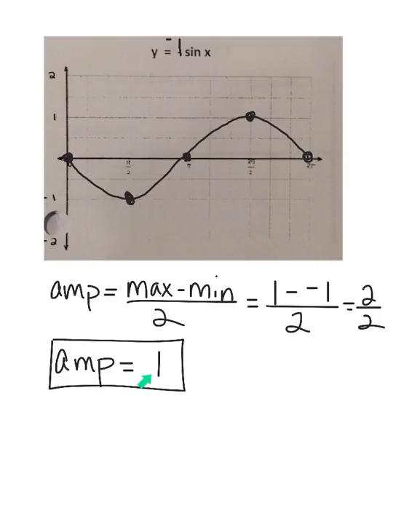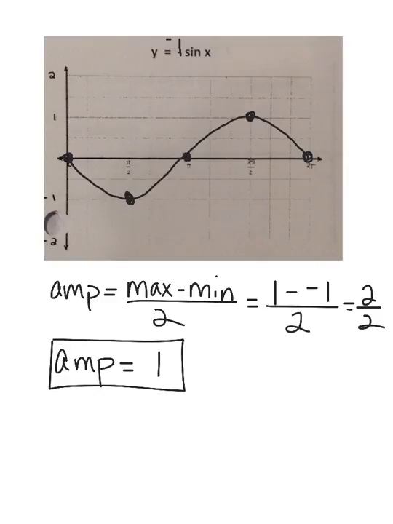The amplitude is 1. Some kids get confused and they'll say, oh, it's the number in front of the word sine or cosine, so shouldn't it be -1? The negative is just going to tell you what direction you're going to go in, or whether you're going to flip it, really, if you want to think of it that way. The amplitude will always be the absolute value of this number.